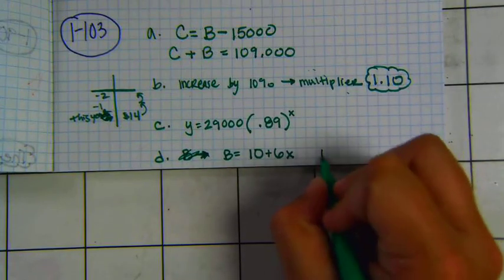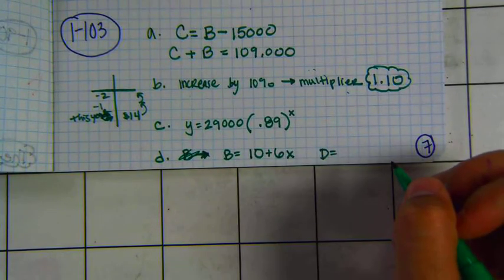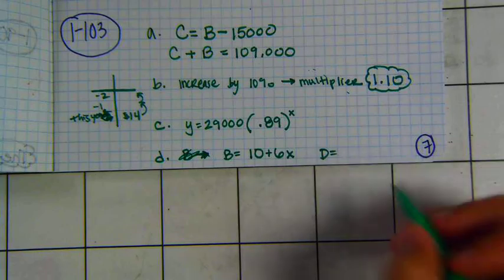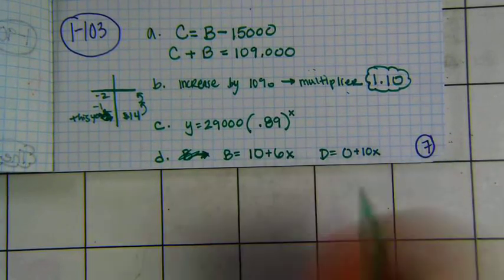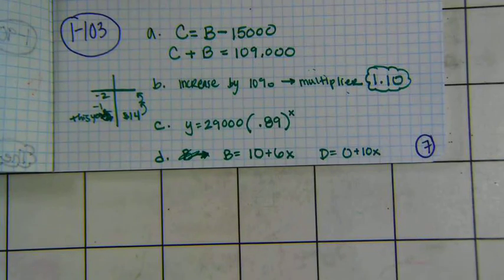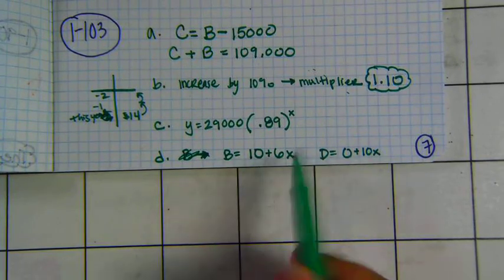D has no problems written, but writes 10 problems per hour. So that's 0 plus 10 per hour. When will Miss D have the same number of problems written as Miss B? How many problems will they have each written? You just set those equal to each other and solve.